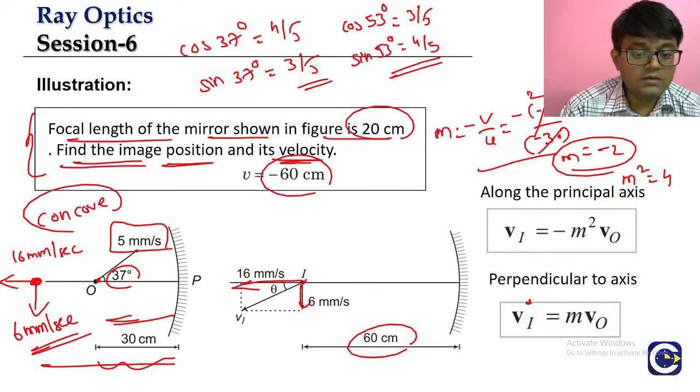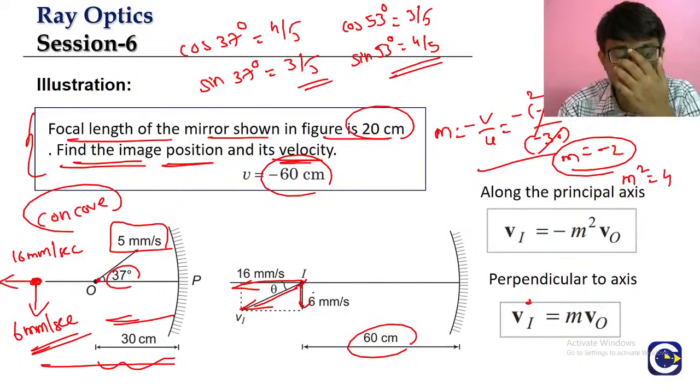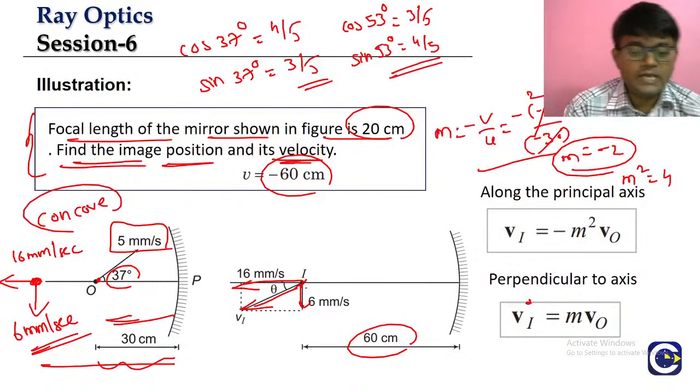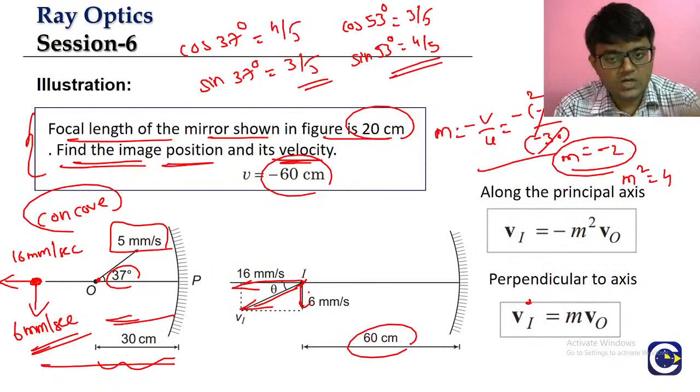So overall image velocity means it will be the resultant of the two. Here they are not asking, I mean if they are asking what is the overall direction, then we have to tell what is the theta value and all that. Here they are just asking us what is the image velocity. Means what? We have the component parallel to the principal axis and component perpendicular.